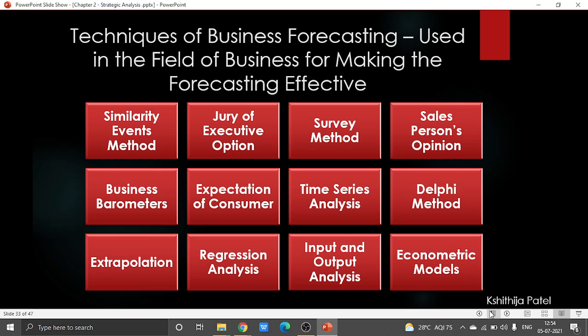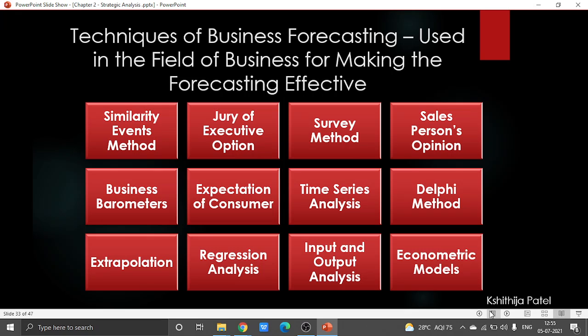If you closely observe, the name has been given as expectation of consumer, but it is just another way of telling marketing research method. And we have time series analysis that we discussed, where the past data available for a continuous time period in the past are considered.